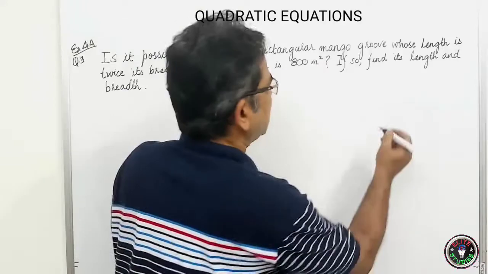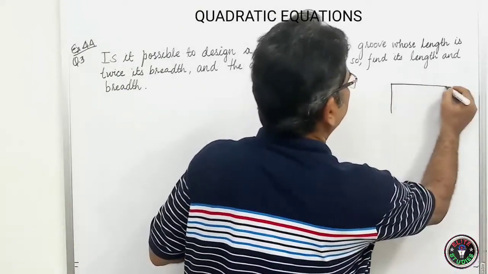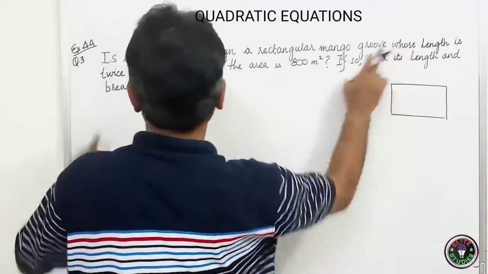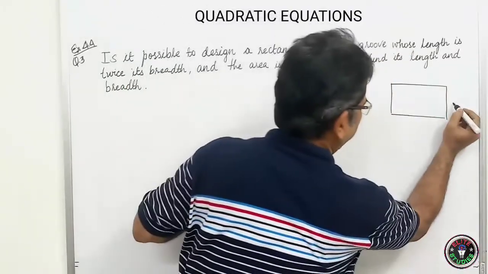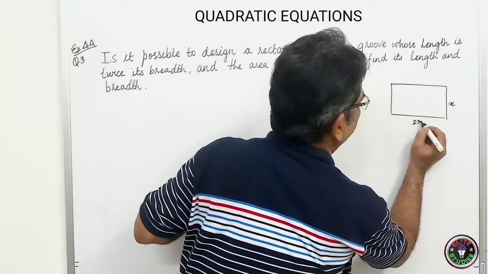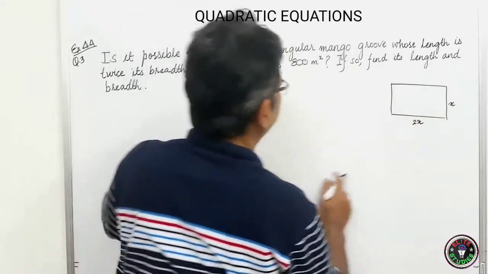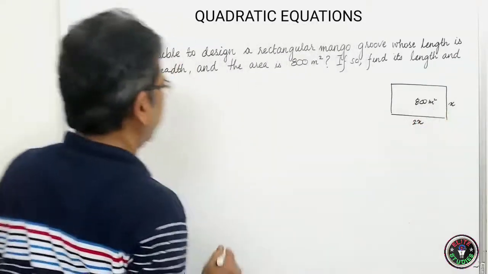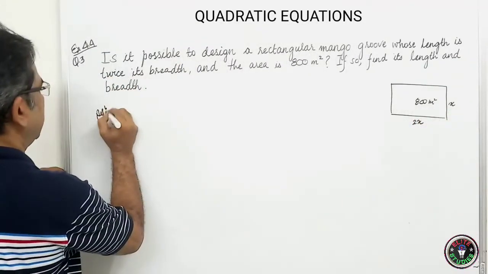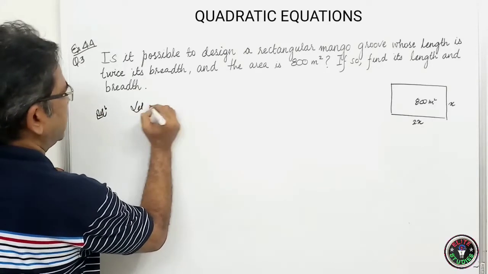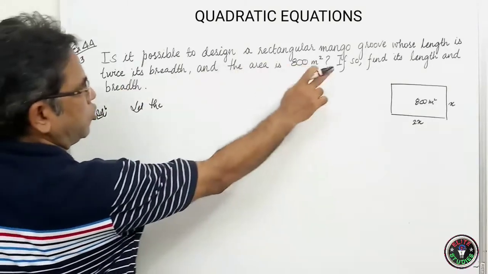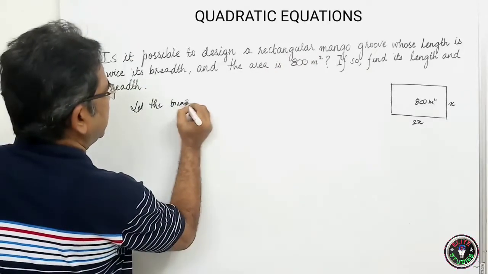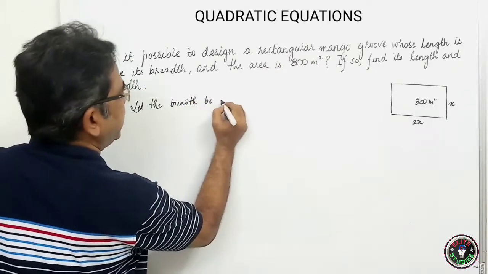Simple. So now this is what? This is a rectangular grove. Here, what is told? Length is twice its breadth. Let its breadth be x, so the length will be equal to 2x, and area is told to be 800 meter square. Okay. So solution: let the breadth be x.